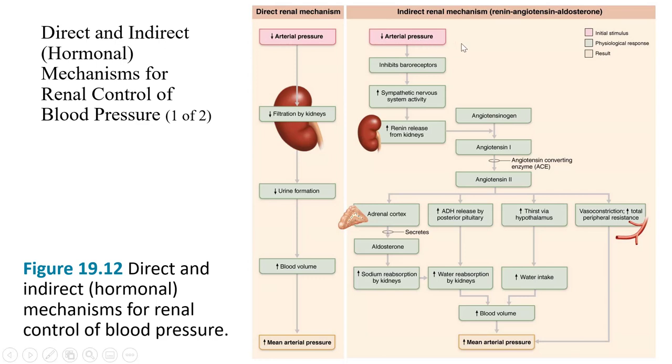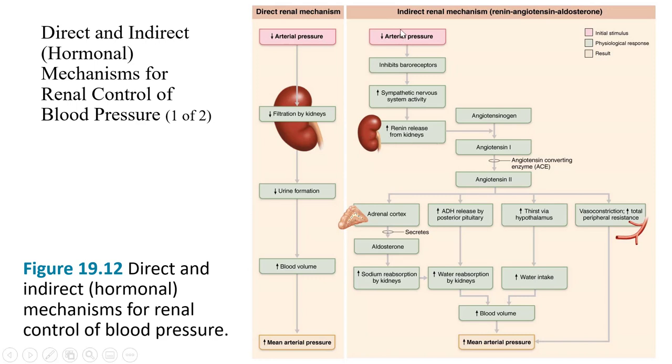A decrease in arterial pressure could be brought about by pretty much anything, maybe blood loss. That would inhibit the baroreceptors, and the result will be increased sympathetic nervous system activity. The kidneys will feel the decrease in arterial pressure and release a hormone called renin.